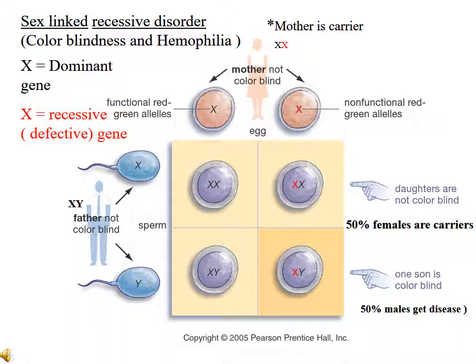The only way that can happen is if the father has a red X. Now, with hemophilia, it's very unlikely because the father would be hemophiliac, and a hemophiliac would normally not live to the reproductive stage. Therefore, you rarely, if ever, have females that are hemophiliacs.